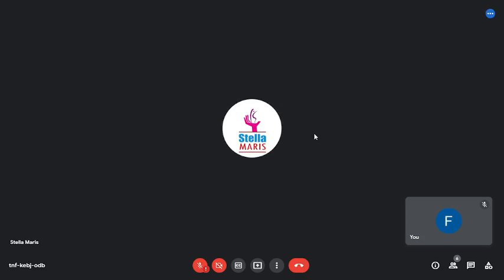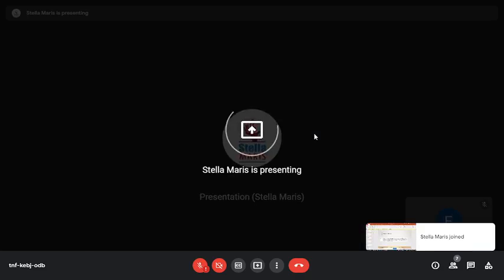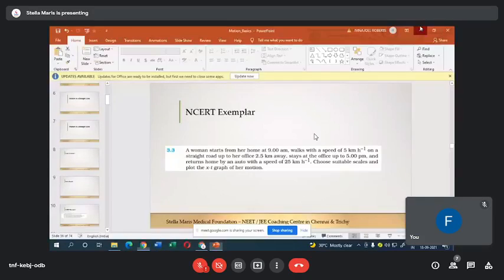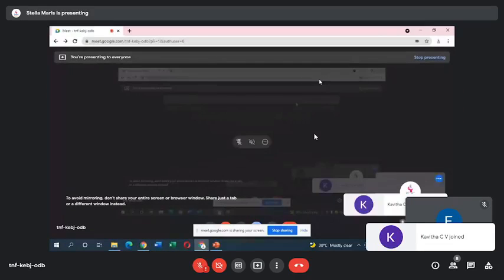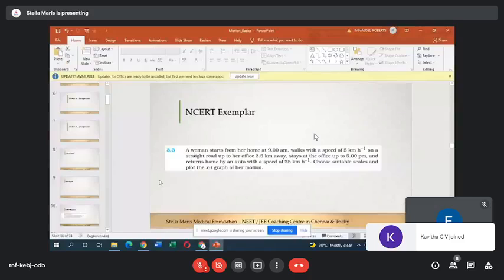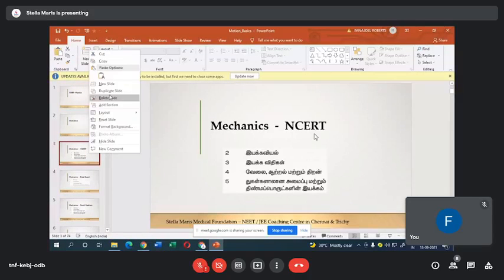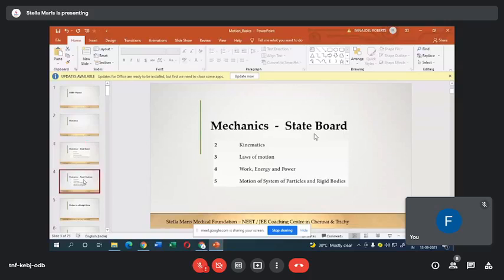So today we are going to discuss the chapter about kinematics. It comes under the branch of mechanics in physics. In kinematics you have two chapters. What are they?